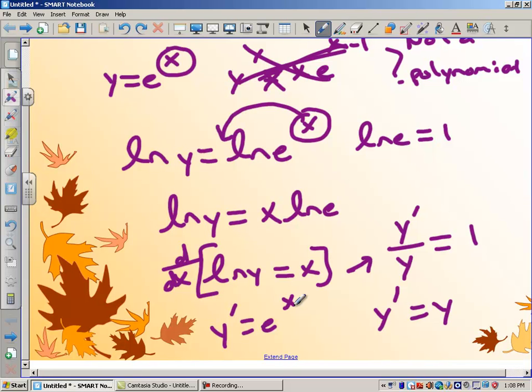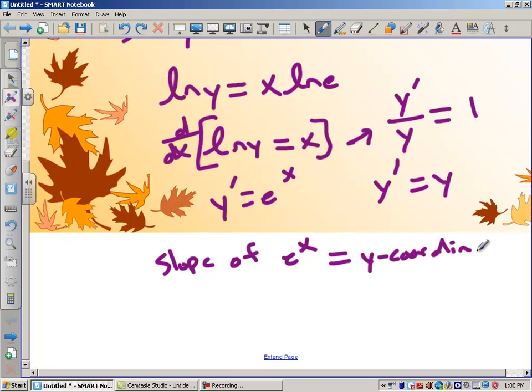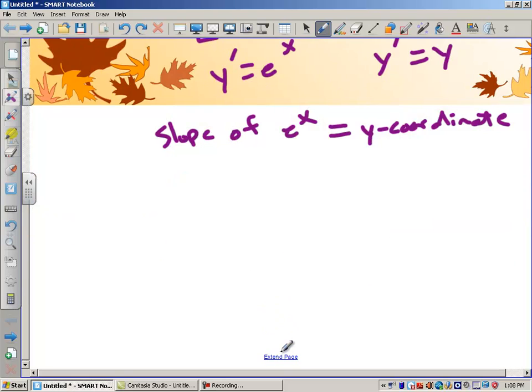So, you don't do anything to it. The derivative of e to the x is just e to the x. In other words, a geometric application of this is that the slope of e to the x is equal to the y coordinate at that point. What do you mean, Mr. G?